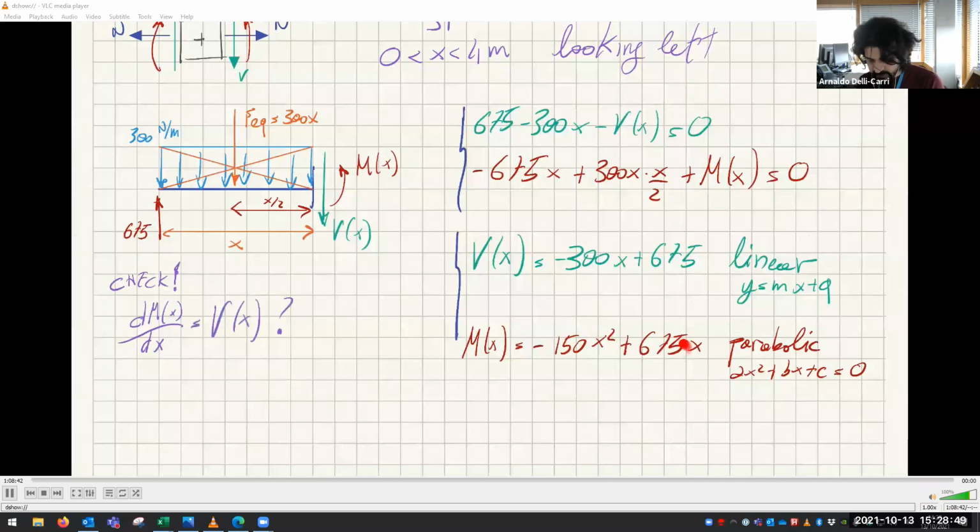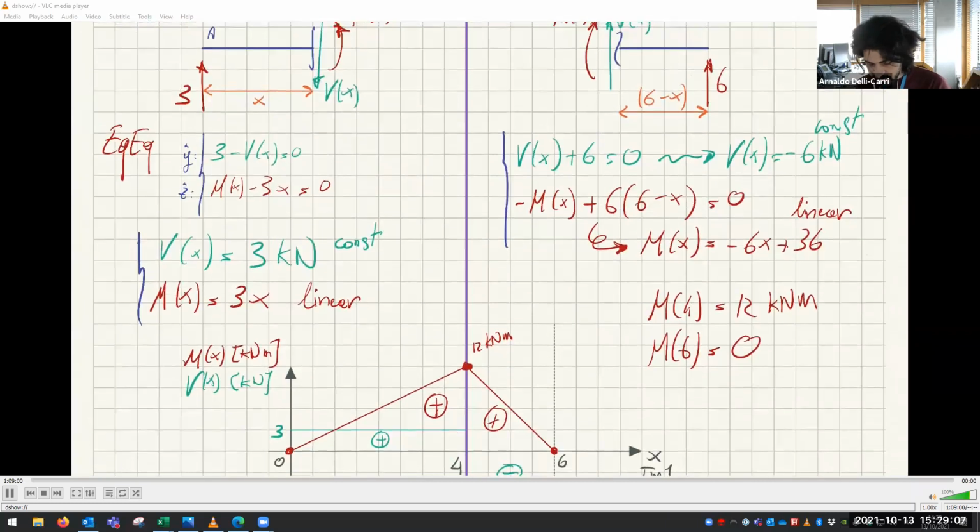The derivative of 675x is 675. So this checks out. Okay, so we know that we are doing things correctly. Let me check these other ones that we found earlier. Derivative of minus 6x is minus 6. Derivative of 36 is 0. So this also checks out. Derivative of 3x is 3. So this also checks out.